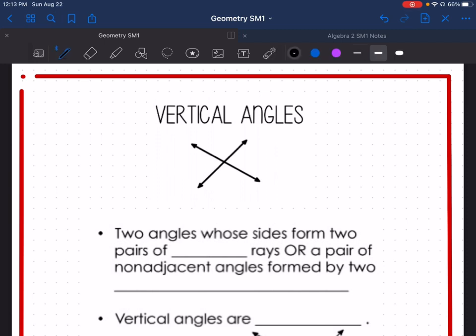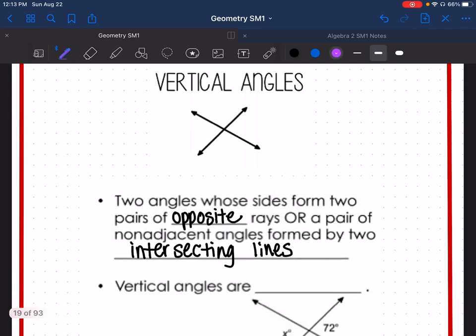All right, vertical angles are 2 angles whose sides form pairs of opposite rays, or a pair of non-adjacent angles formed by 2 intersecting lines, which is what we see up above.